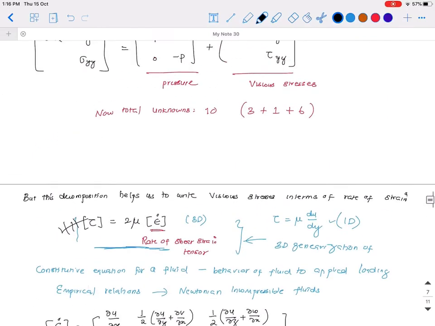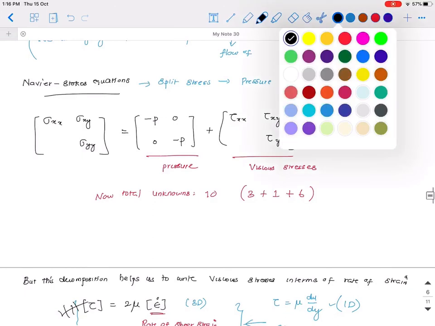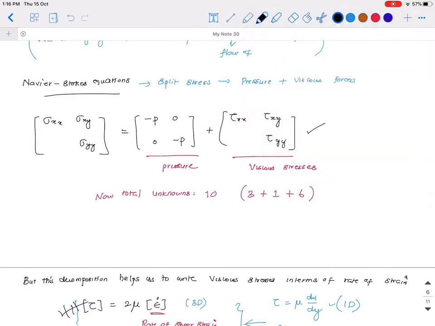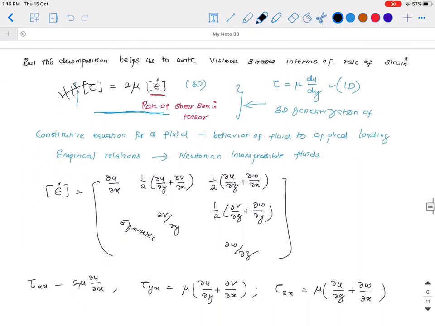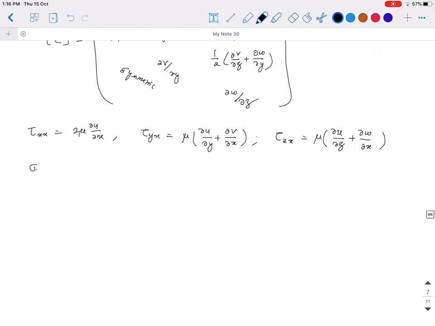Okay, now we come to this decomposition. Sigma is minus p plus tau, so sigma xx is minus p plus 2 mu dou u by dou x.